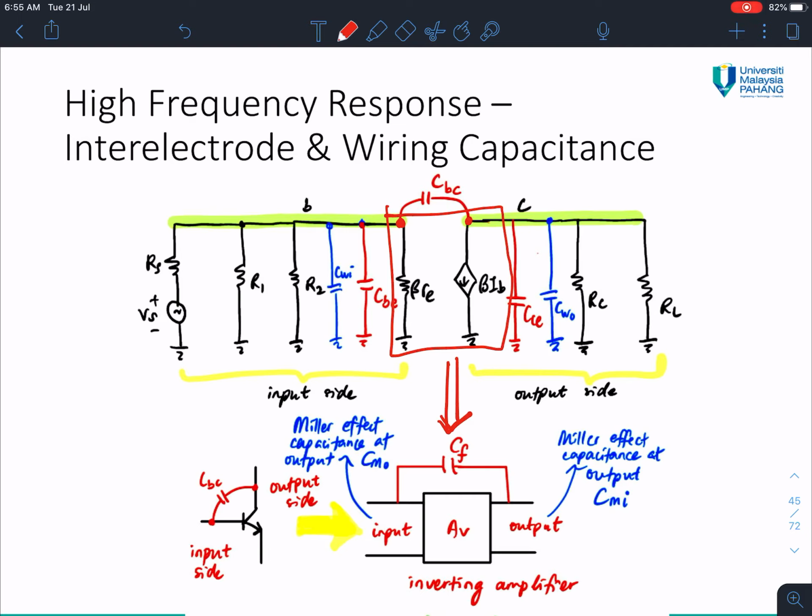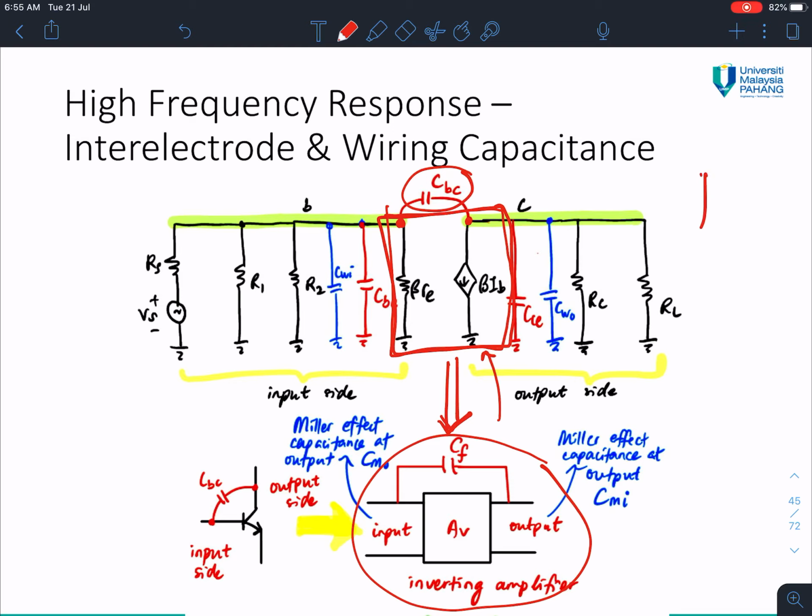This model is an inverting amplifier with a feedback capacitor. If you compare this figure with this one, it is actually the same configuration: the amplifier is here and we have the feedback capacitor like this.